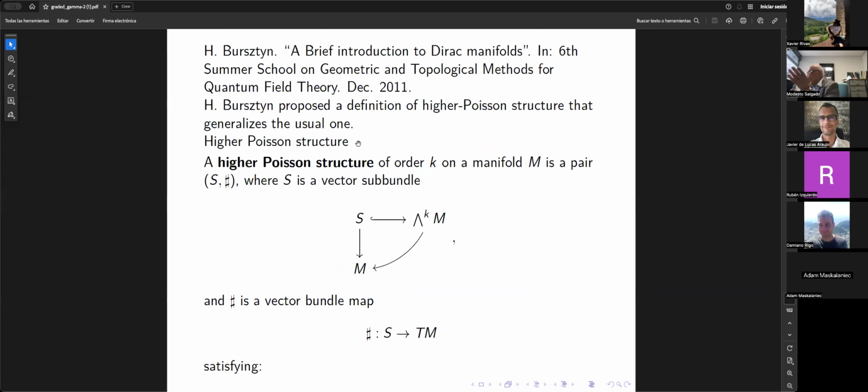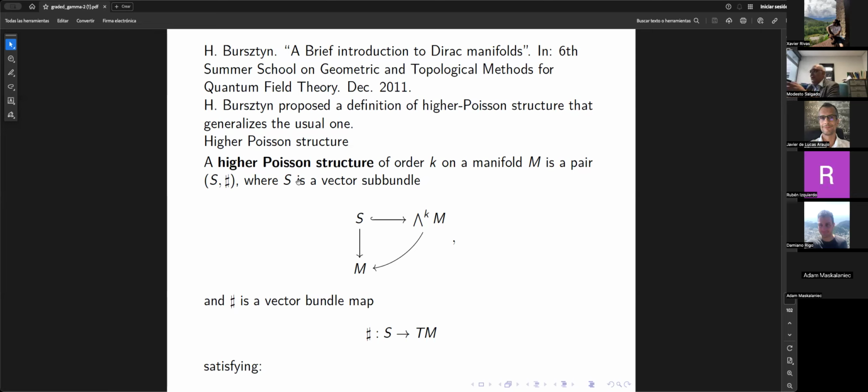And Enrique Bustin gave another notion. In this paper, a brief introduction to Dirac manifolds, he proposes a definition of higher Poisson structures generalizing the usual ones. And the idea is very simple, because if you have a Poisson structure, we have a mapping from covectors into vectors, from one forms into vector fields. Well, you can change one forms by k forms.